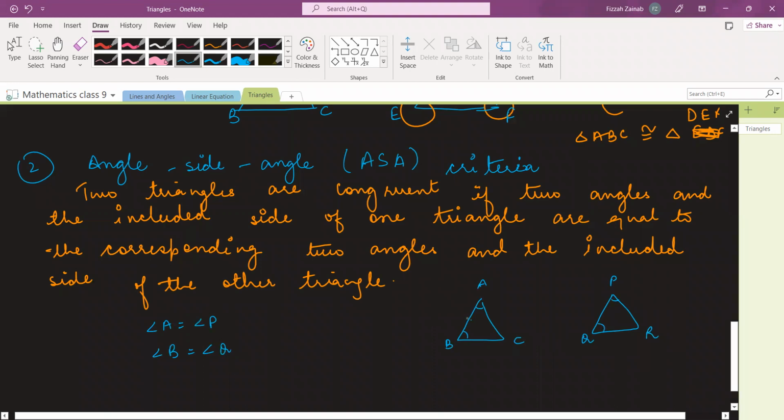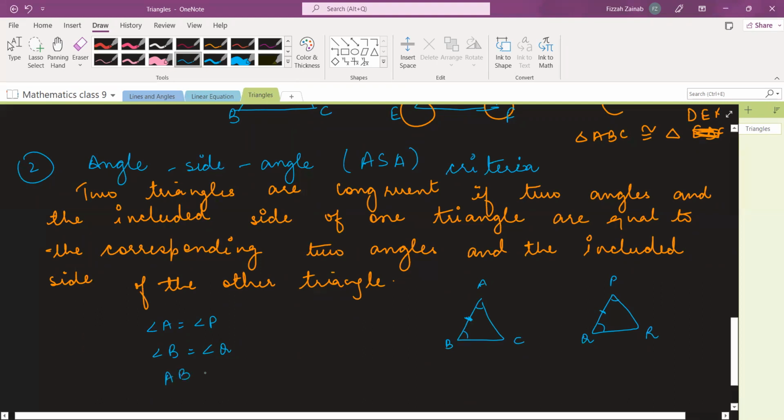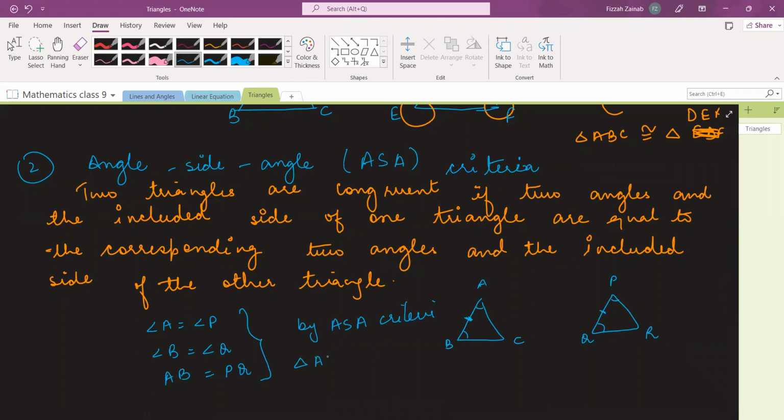The side which is falling between the two angles. This has to be equal, and this side AB is equal to PQ. If this criteria is satisfied, by ASA criteria, triangle ABC is congruent to triangle PQR. So you can just write it down, making a small figure. This has to be satisfied.